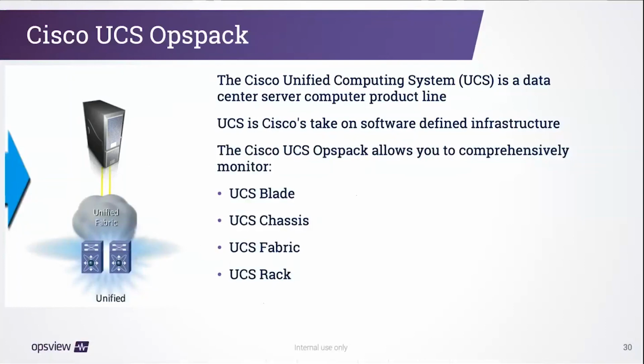So again, we do hear a lot about Cisco, and we're working with some customers here, just trying to decide where we go next with all of this. Because we hear a lot about UCS, in particular, Unified Computing System, this is a product line that Cisco have had as hardware for quite a while for their data center servers.